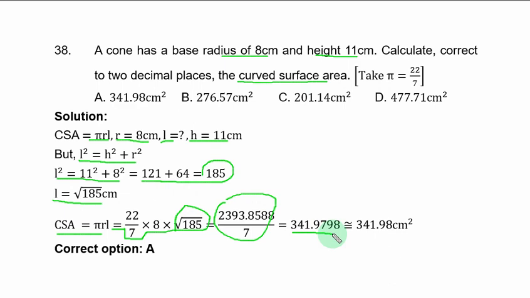To 2 decimal places, you must consider 97. The next number is 9, it's more than 5. Round it up to 1. If you add 1 to 7, it becomes 8. So you have 341.98 square centimeters as the curved surface area. A is the correct option.